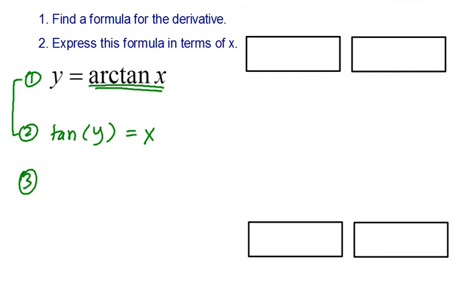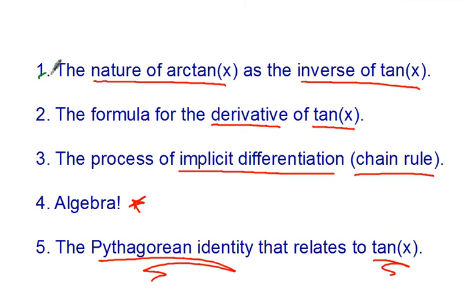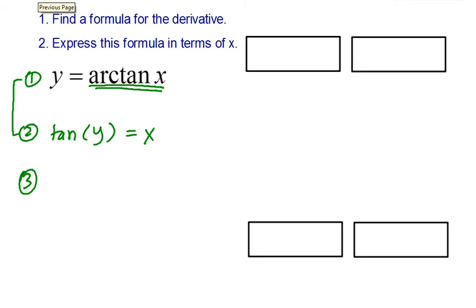In terms of the roadmap, we've just used our knowledge of the nature of the arctan function as an inverse function. Now we need to know how to do two things. Number one, find the derivative of the ordinary tan function, and number two, how to apply the chain rule. So with that, we're going to compute the derivative now.